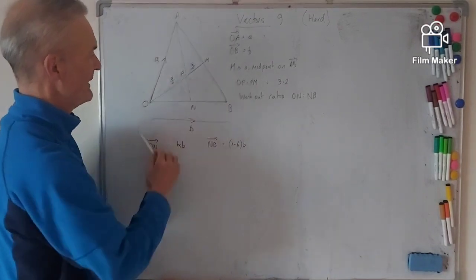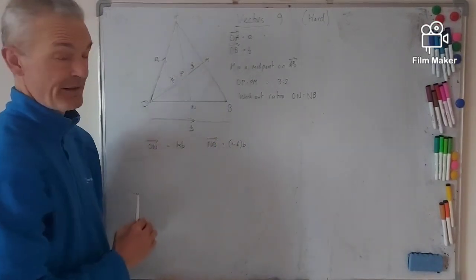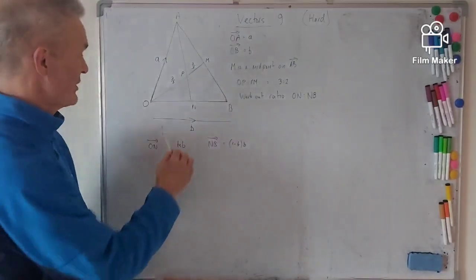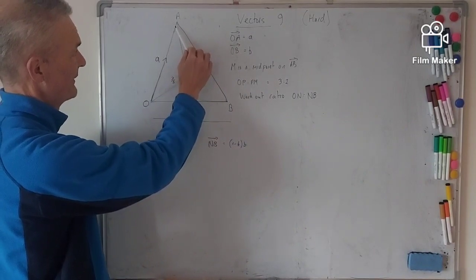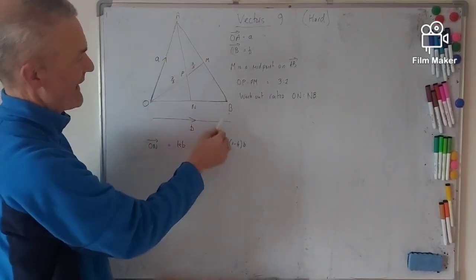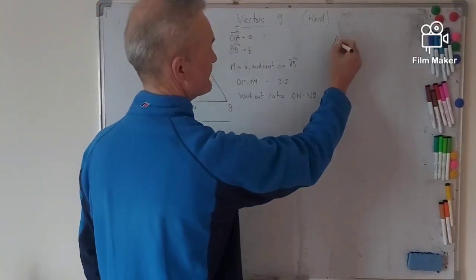So to get OP, we know it's 3/5 of OM. So we need to find OM. But at the moment, we've not really got much. We've got this part, but we've not got that part. So we're going to have to find AB first. So I'm going to work over here.